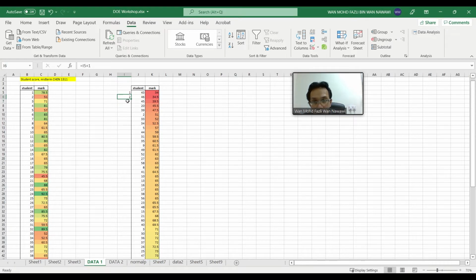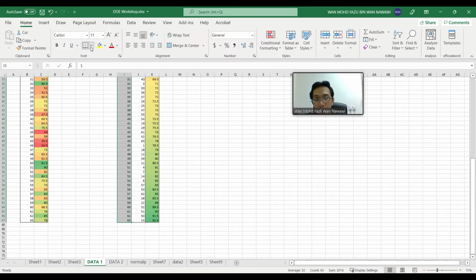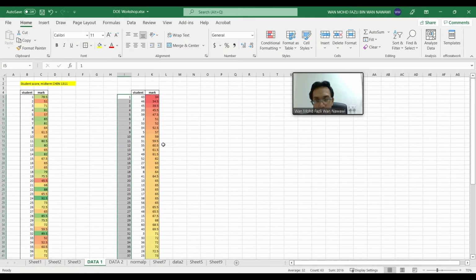I just want to make it like an order: 1, 2, 3. So I know that I have 63 students. It's not that I'm sorting the thing, because the student sorting is this, but this is the actual data.